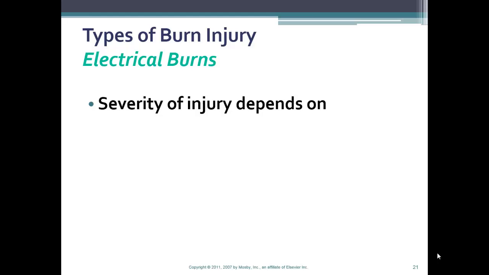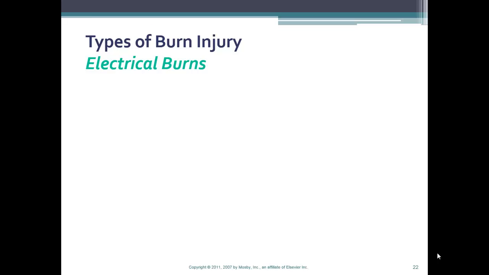The severity of the injury is going to depend on the amount of voltage, how big the patient is, the pathway of the voltage, and the duration. How long was the patient electrocuted? If the electrical current passes through vital organs, they are at higher risk for death.